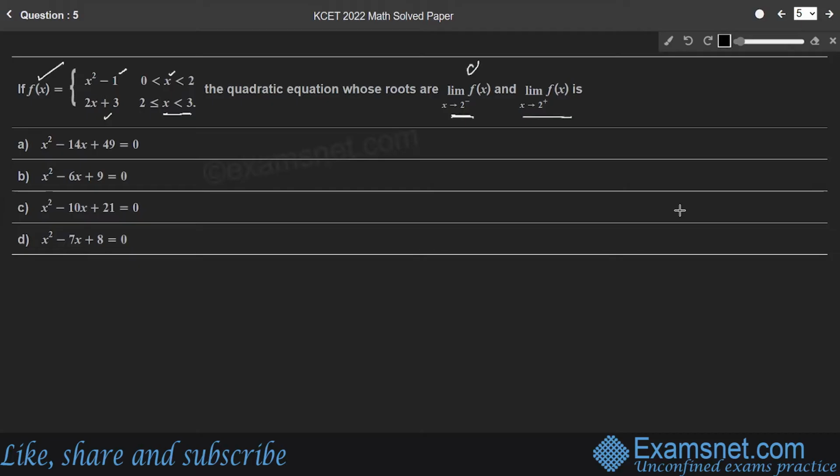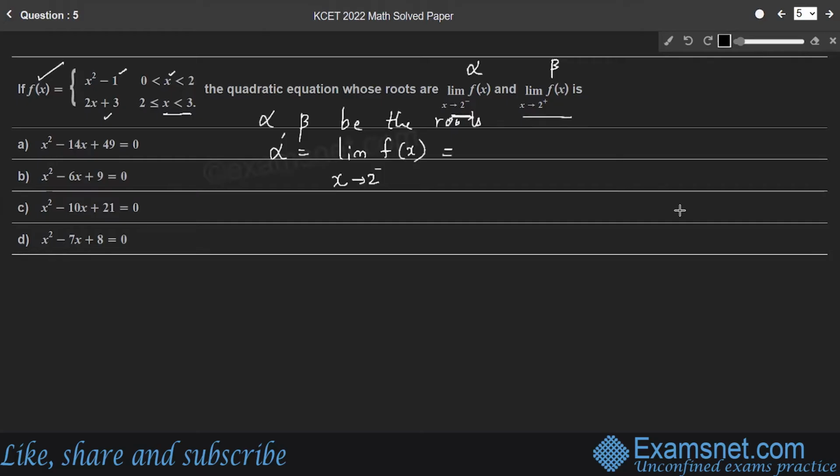Let us assume alpha and beta as the roots of the quadratic equation. Right? So, alpha and beta be the roots. Therefore, we'll consider alpha as limit f of x as x approaches 2 from below. Right?